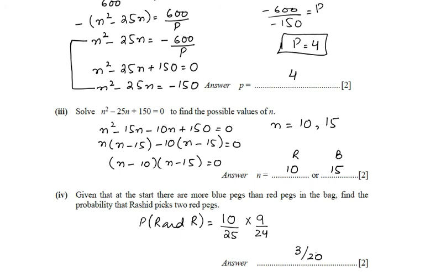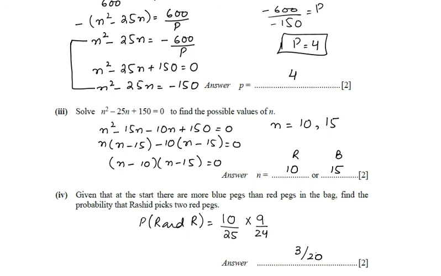Okay, so in the last part, they were asking to find the probability that two red bags were picked, so we take the probability of red and red. As they have told us that we have more blue bags than red bags, when we got two values of n, 15 and 10, it means we have 15 blue bags and 10 red bags.